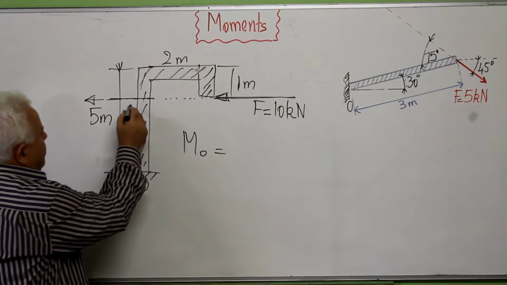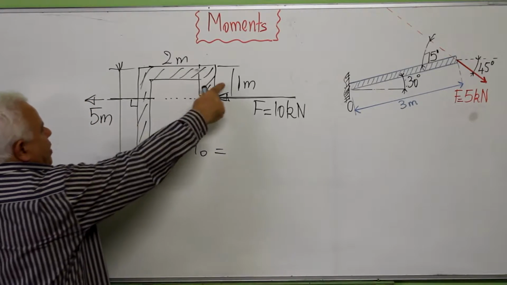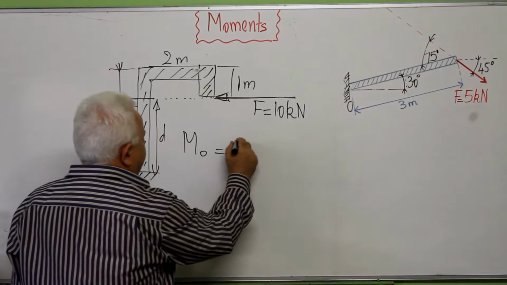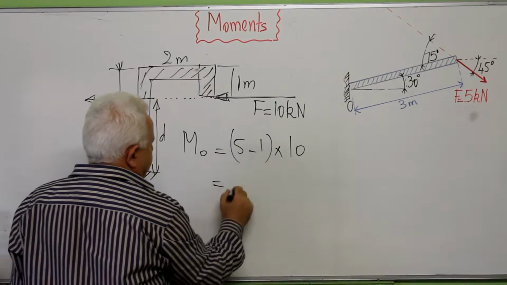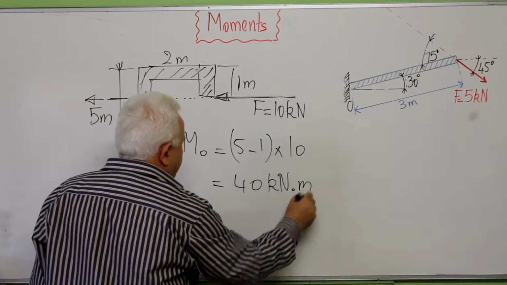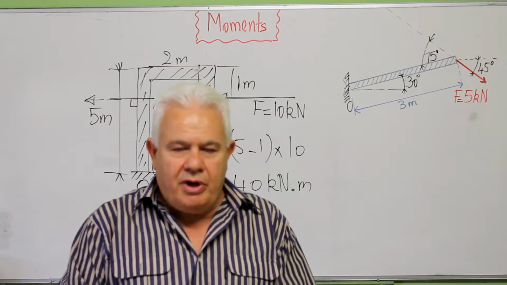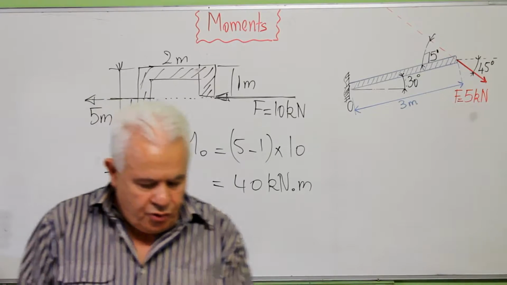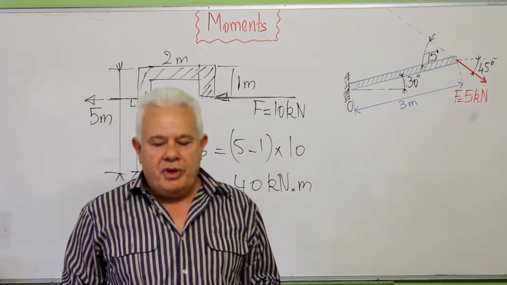The perpendicular distance here is 5 minus 1, times, of course, the 10 kilonewtons, which is 40 kilonewton meters. I showed you three examples on how to calculate the moment in different configurations, using the rule of calculation of the moment in 2D by using the scalar formulation.